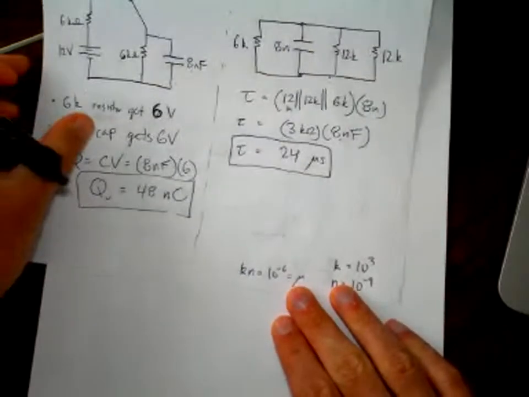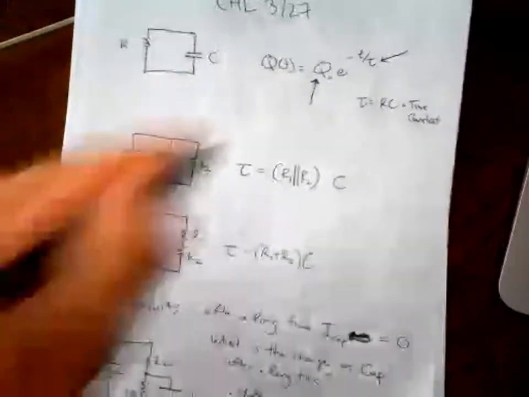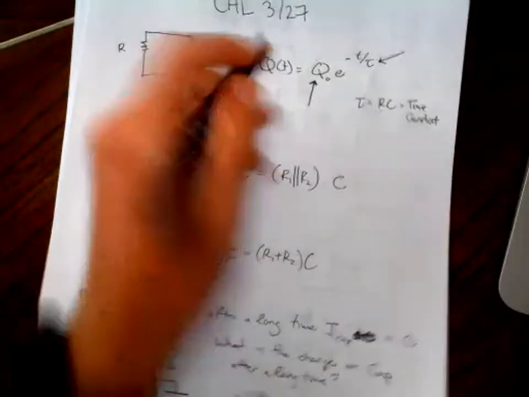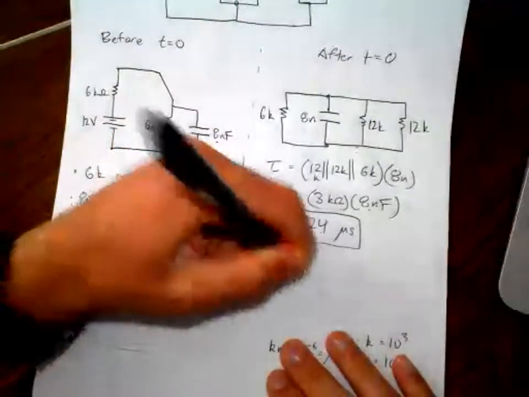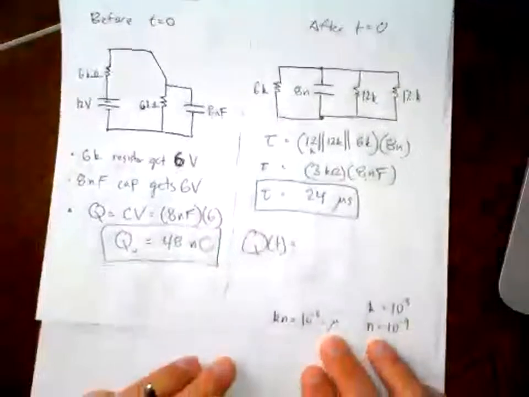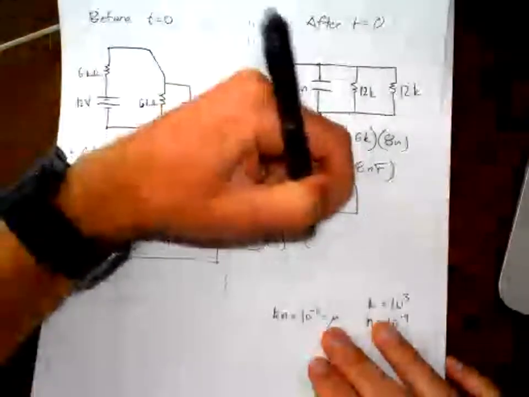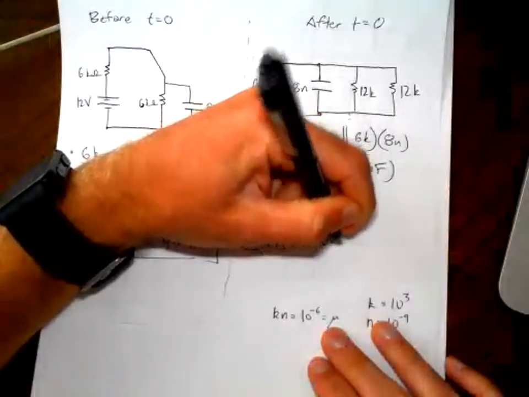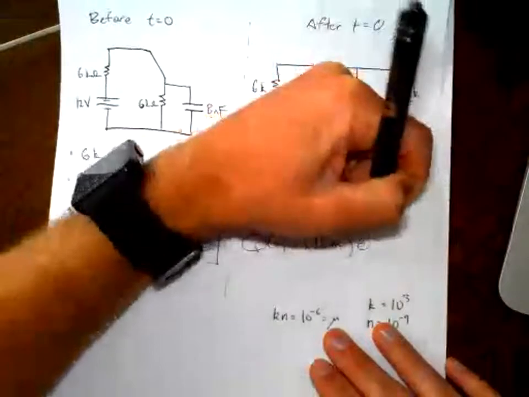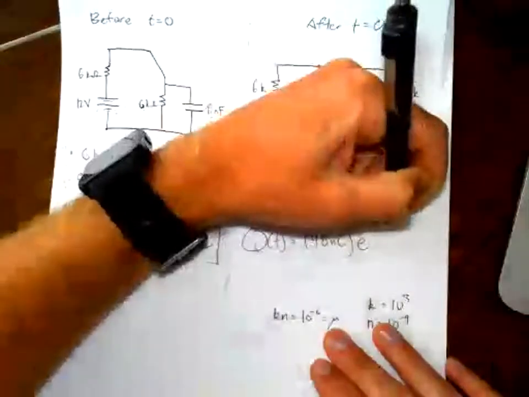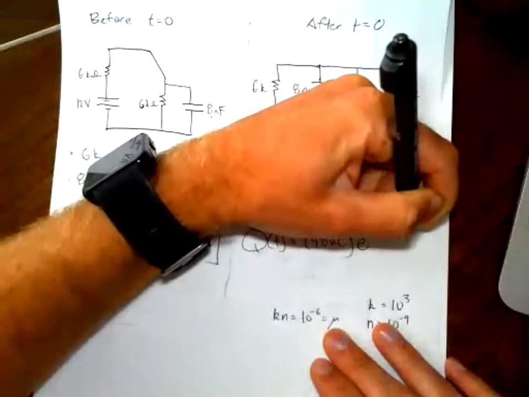So now I'm going to take these two things and plug them into my Q of T equation. So my Q of T equation is going to be 48 nanocoulombs times E to the minus T over 24 microseconds.